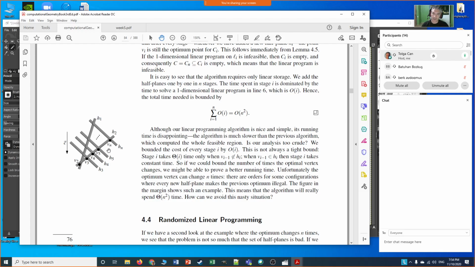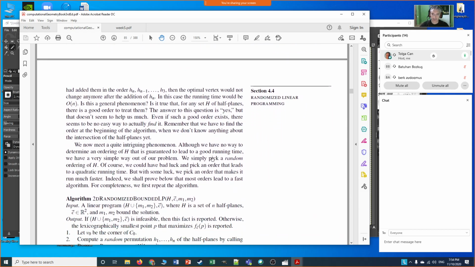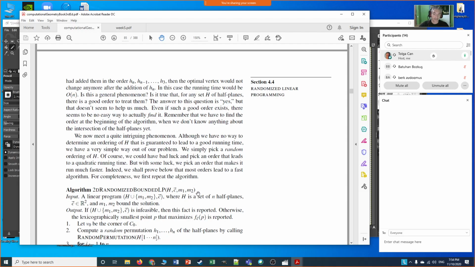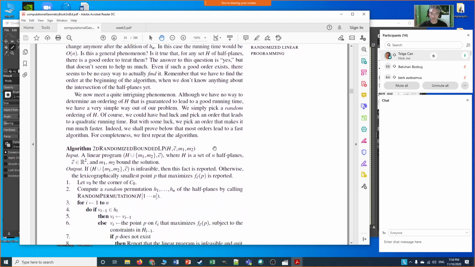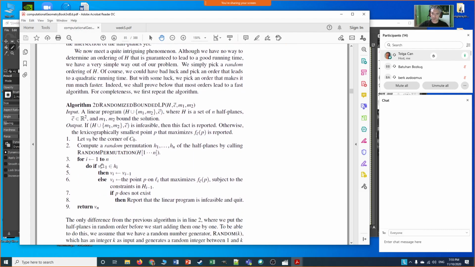If this is H1, and this is H2, and then H3, H4, H5 are given to us like this in this direction, for all n minus 2 of them, we may need to update the extreme point at every iteration, and that gives us the worst case behavior. But in the randomized case, we'll see that the probability that this happens is going to be lower and lower at every iteration. And here is the randomized version of that algorithm.